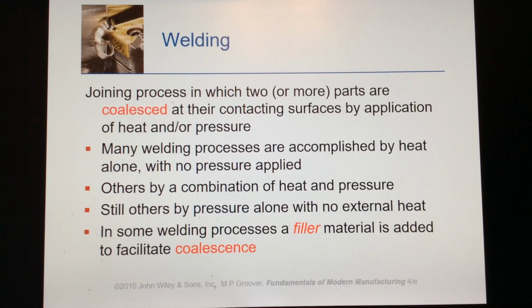We do this by applying high temperature heat and sometimes even pressure. Many of the processes are accomplished by heat alone, with no pressure applied, using a high, focused heat concentration in what we call fusion welding.